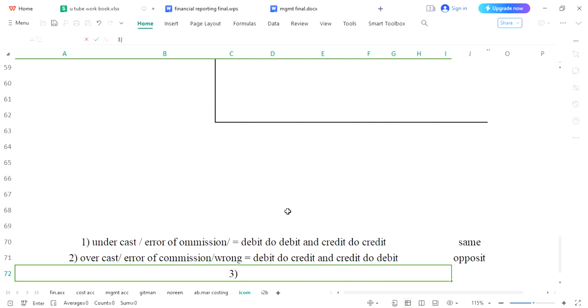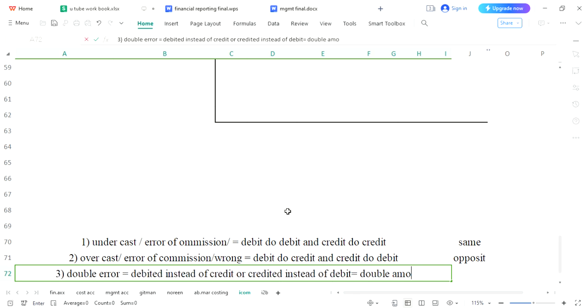Now there was one error which we discussed in the previous chapter, that was double error. And how would you know that some mistake is a double error? If we have debited something instead of credit, or we have credited something instead of debit, this would be considered a double error, and how would it be solved?